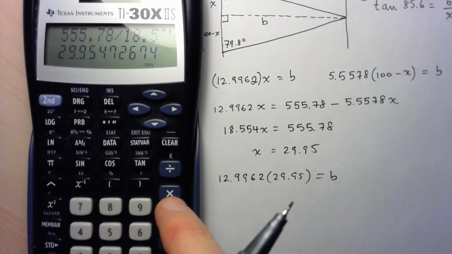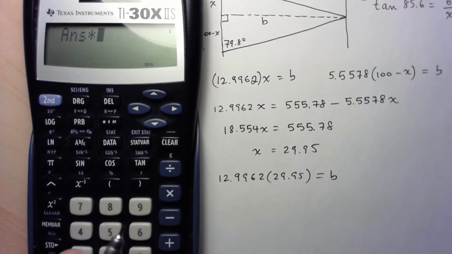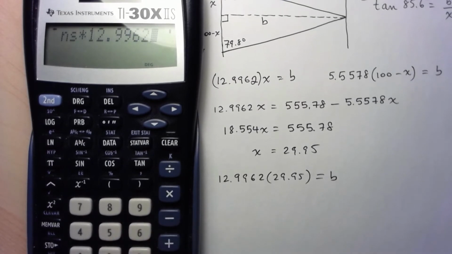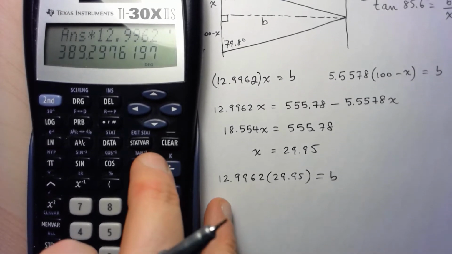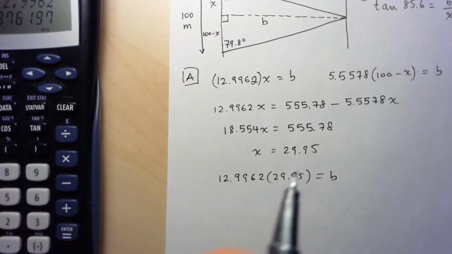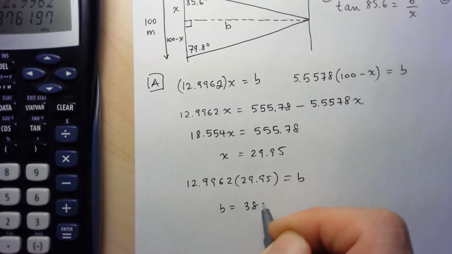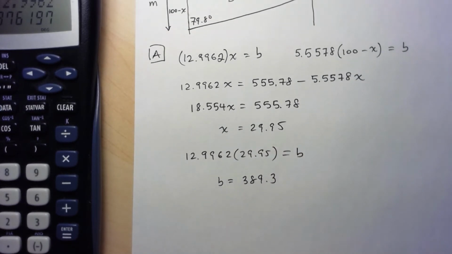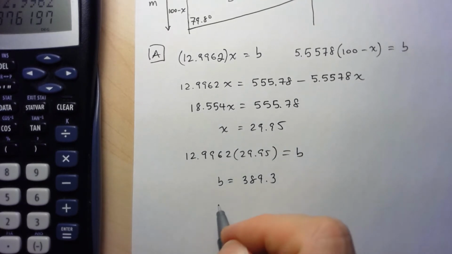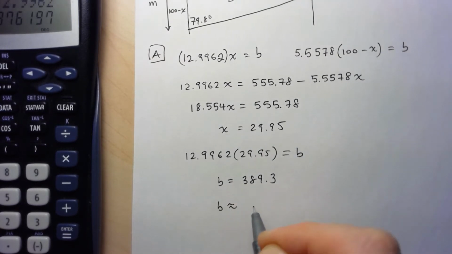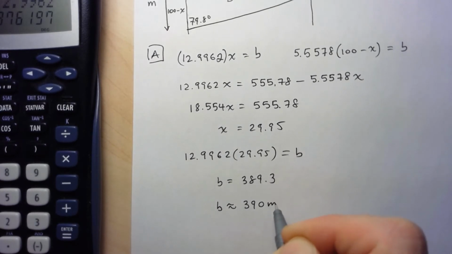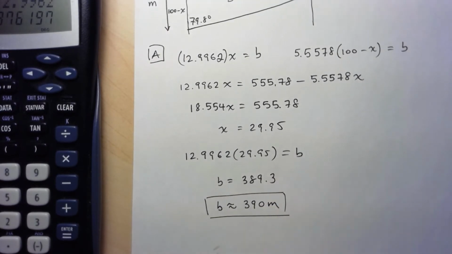So times 12.9962, and that's equal to 389.3, we'll say. Okay, so b is equal to 389.3, and I believe in the textbook they ask us to the nearest 10 meters, so I guess this will go to 390. So b is approximately equal to 390 meters, and there's my answer.